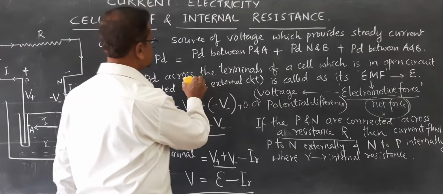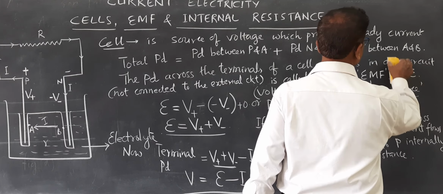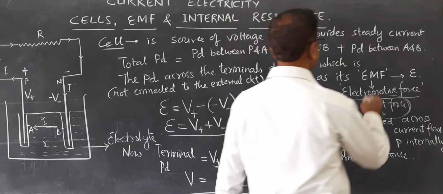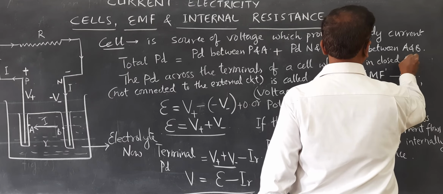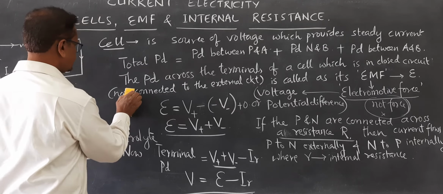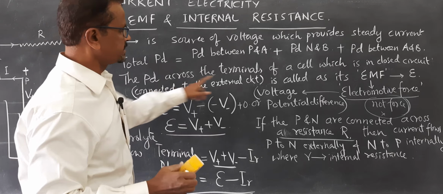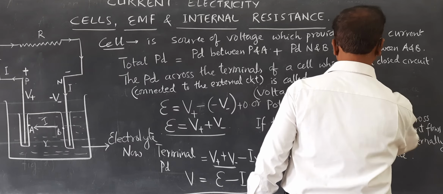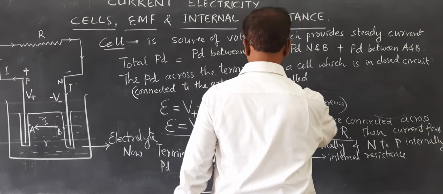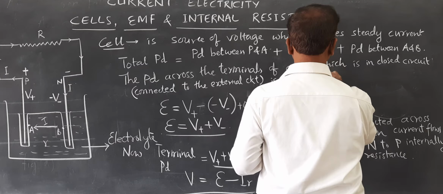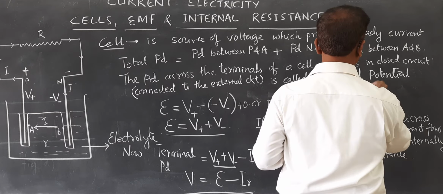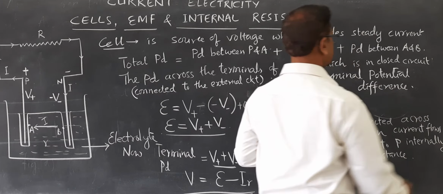I will write: the potential difference across the terminals of a cell which is in closed circuit with the external resistance, when connected to the external resistance, is called terminal potential difference.